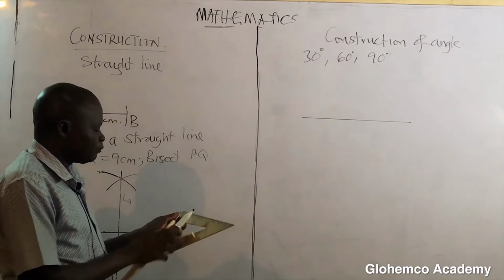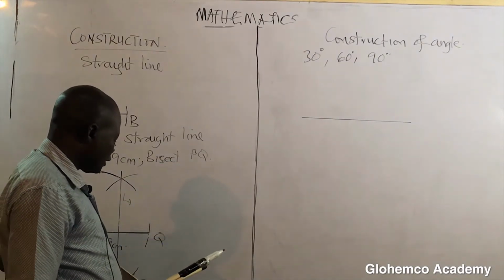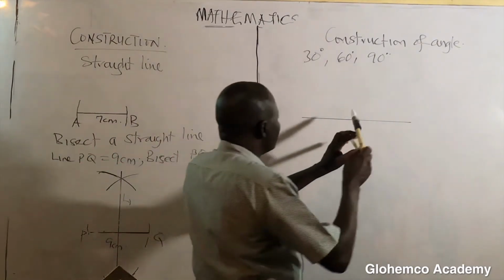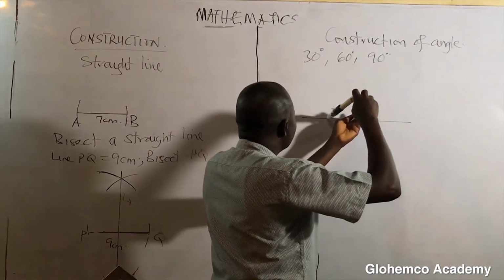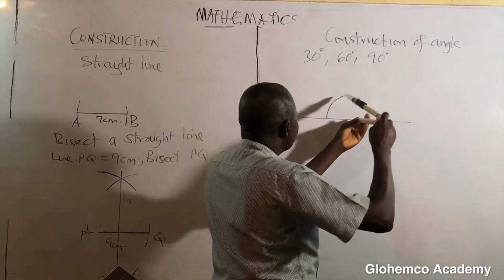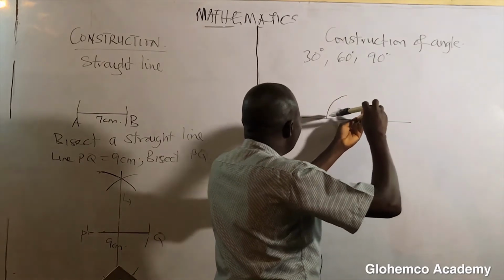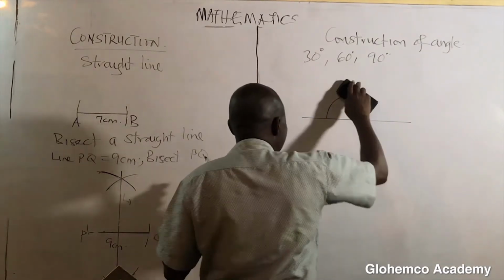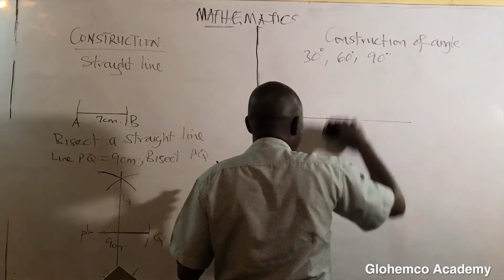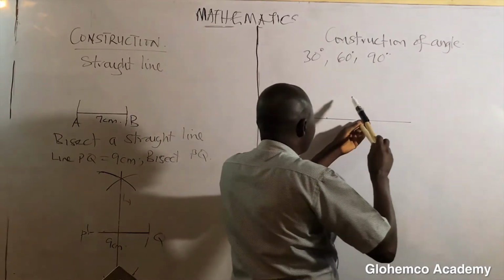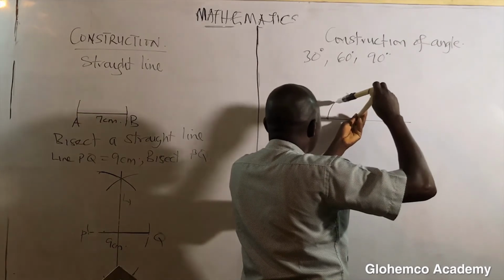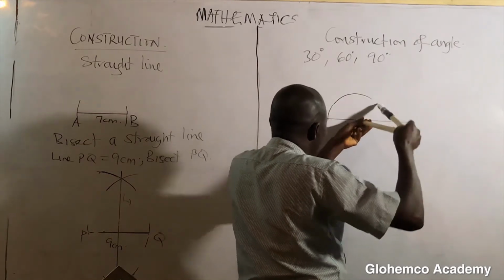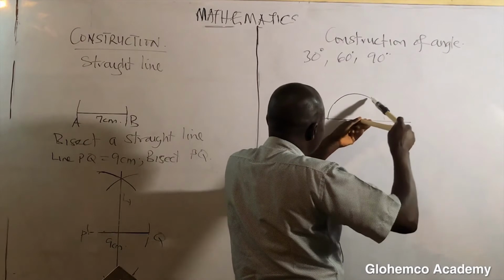By the time we open to 4 cm, we will now use it to construct. The first thing we need to do is place it here and draw a semicircle.